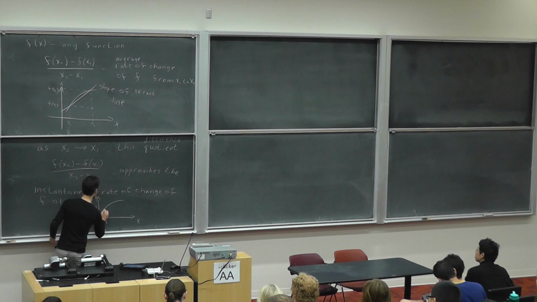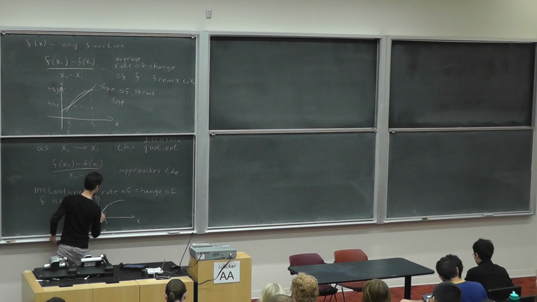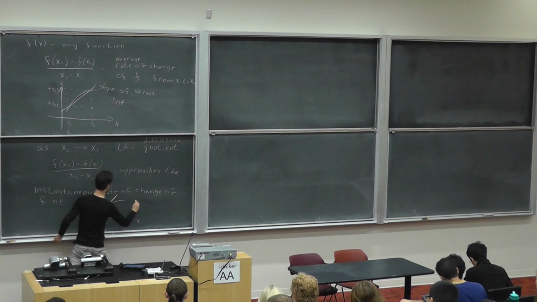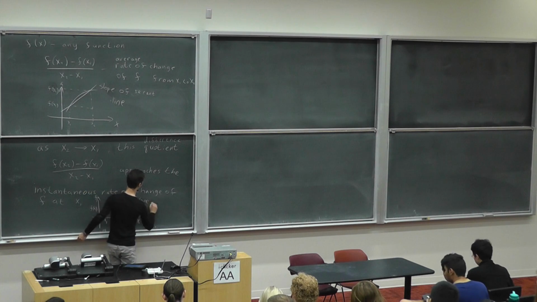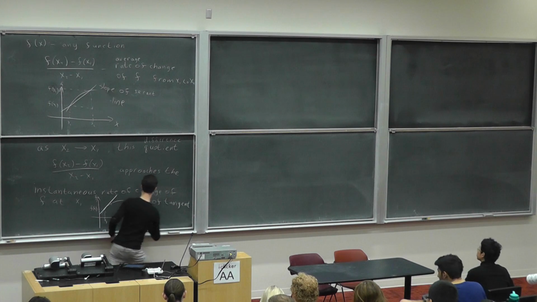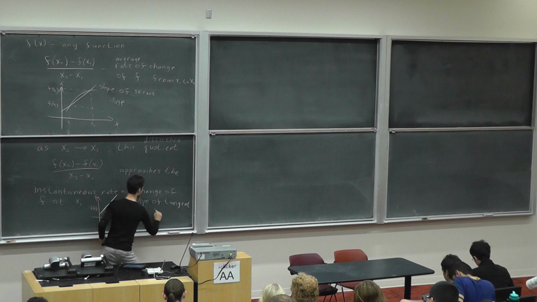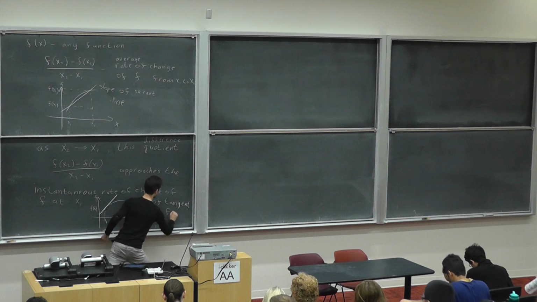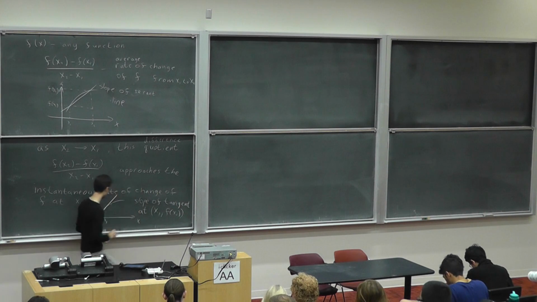So the slopes come closer to the slope of the tangent line at x1, at this point.